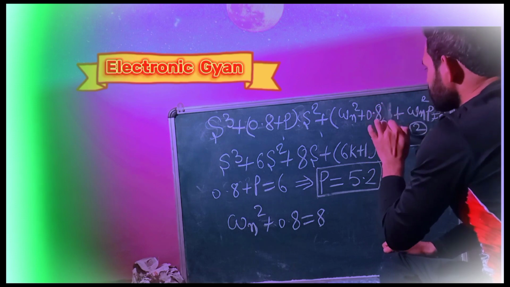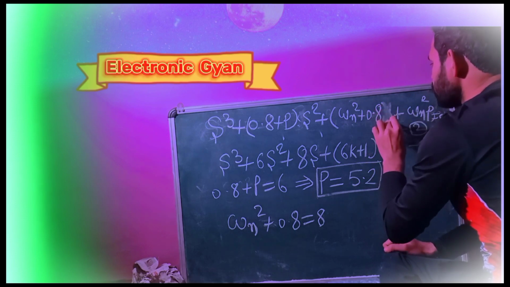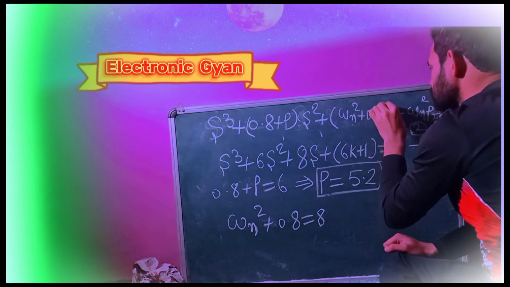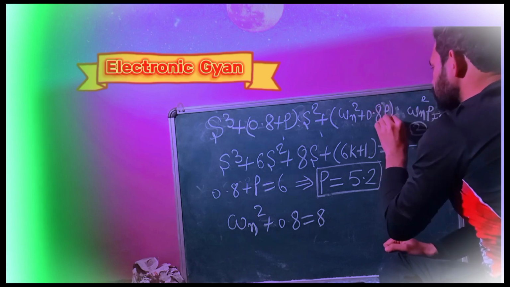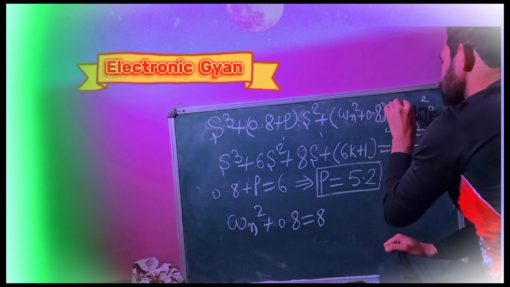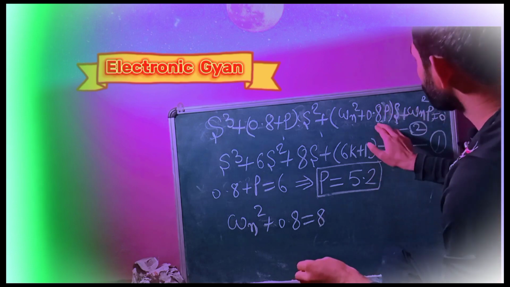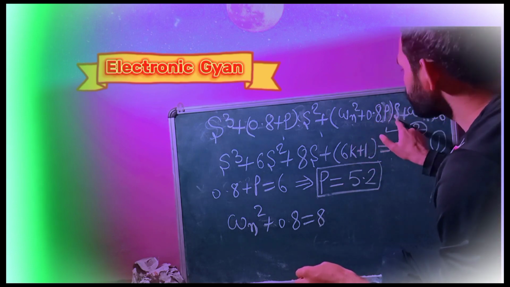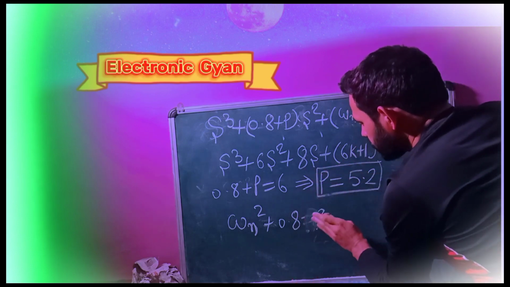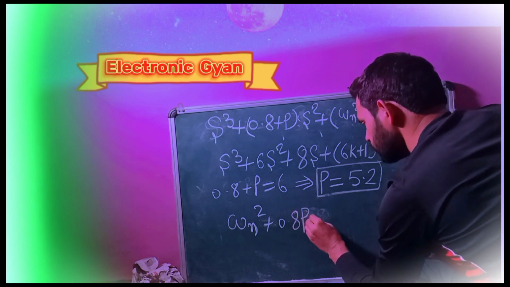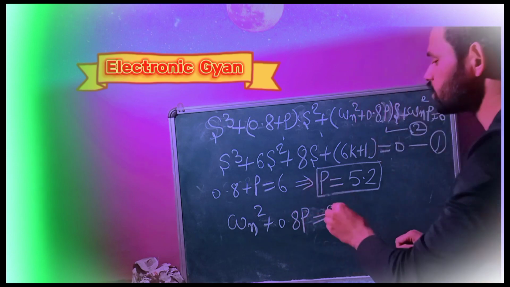Here is some mistake, some missing point. Here is point p, this is my point ps. So by comparing this coefficient of s, we get 0.8p, which is equal to 8.